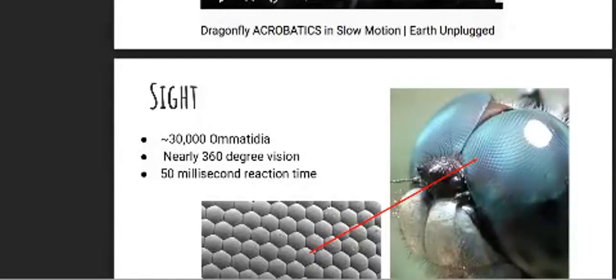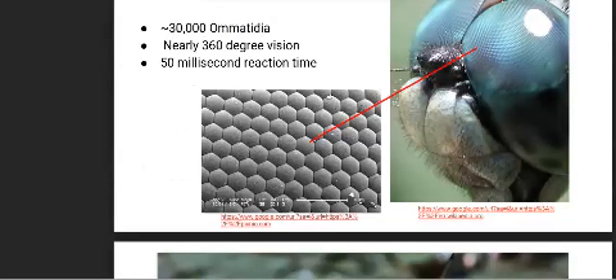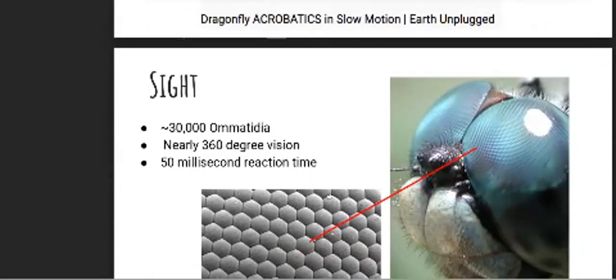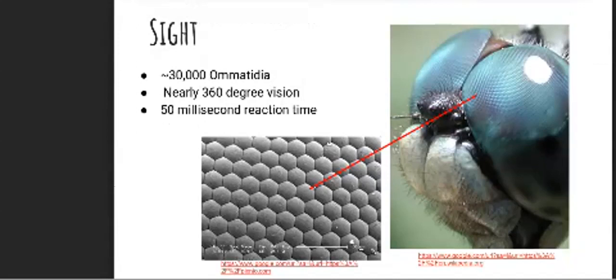So the other thing I want to share with you is about the eyes of the dragonflies, because you can see they have these huge eyes. Each of these hexagons represents one ommatidium, which is part of the eye of the dragonfly, and they have almost a 360-degree vision, so they can see everywhere.